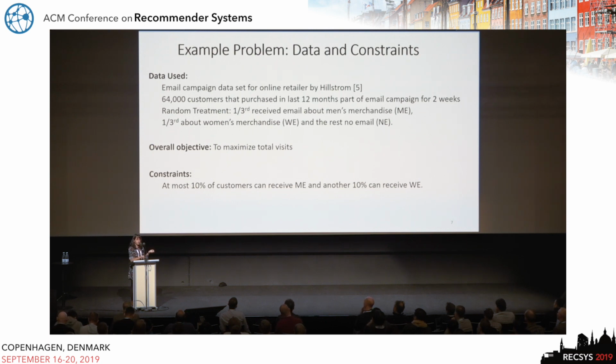One email was about men's merchandise, the other about women's merchandise, and the third treatment was no email. The overall objective for this data set is to maximize the total visits across all the customers. But as I said earlier, this can also easily be customer acquisition or retention. The constraints are that at most 10% of customers can get email ME and 10% can get email NE.